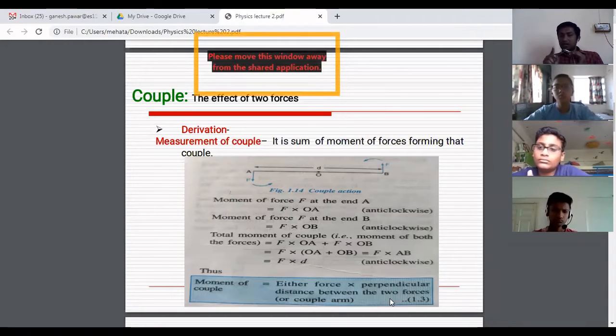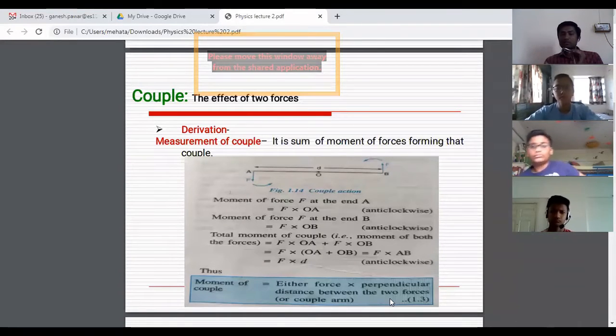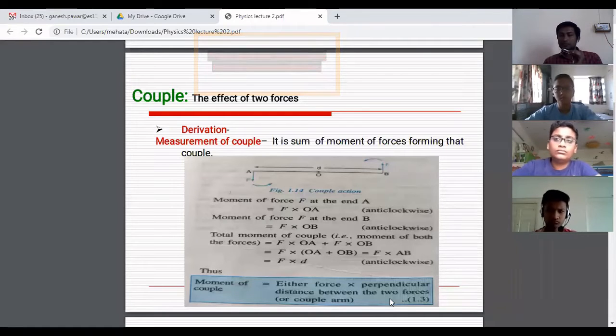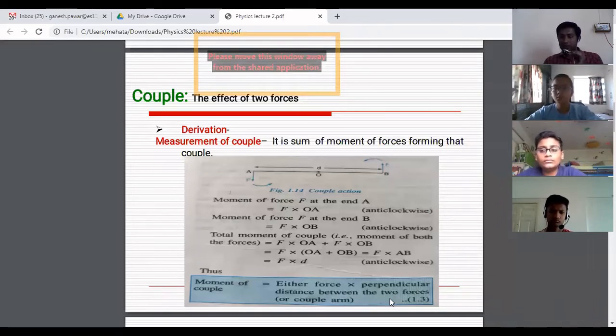But here, moment of couple, it is the product of two terms, magnitude of the force and the perpendicular distance between the two parallel forces. So have you understood the difference between the moment of force and moment of couple? Yes, sir. This is very important, because in the exam students get confused.